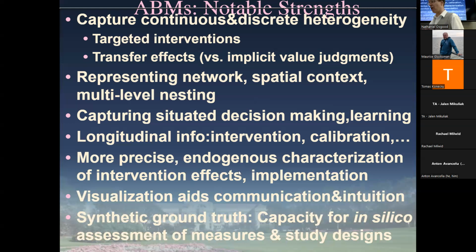These are much better probed with agent-based models, and a lot of targeted interventions are vastly easier, or feasible, to represent with agent-based models. So we can often characterize more precisely the intervention rules and guidelines that are really important for characterizing them effectively, particularly for targeted interventions.